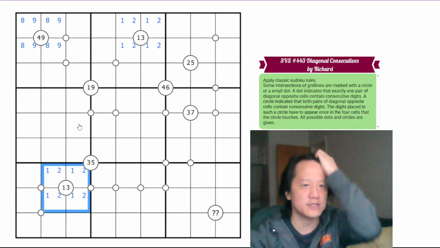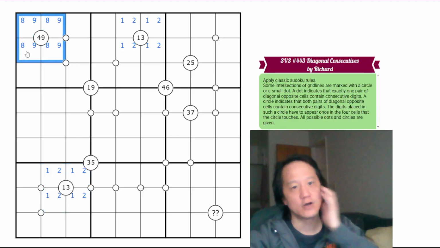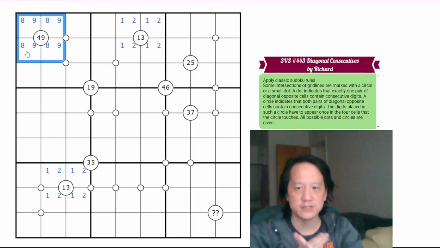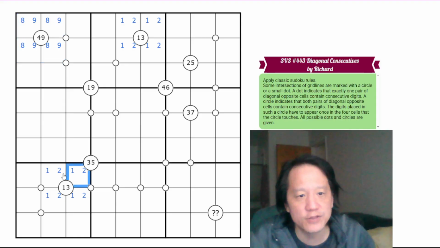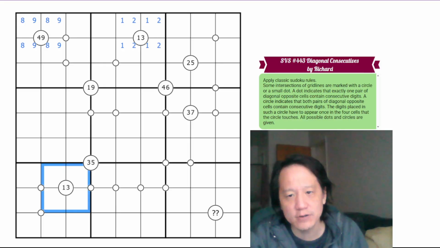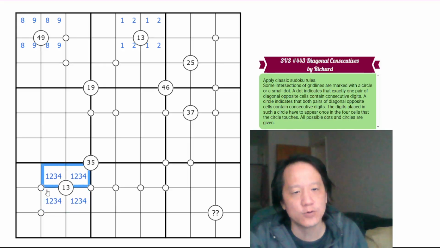This is because we know, again, for the large circles, both sets of diagonals must be consecutive. Well, with 1 and 3, 3 can only be consecutive with 2 or 4, but the 2 already has to be consecutive with a 1. So this is guaranteed to be a 1, 2, 3, 4 quadruplet here.